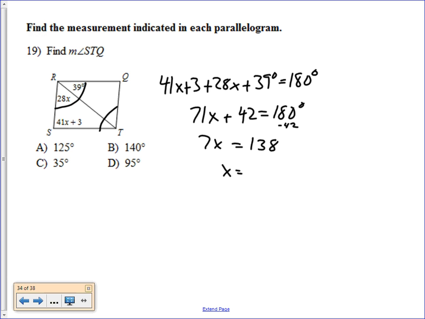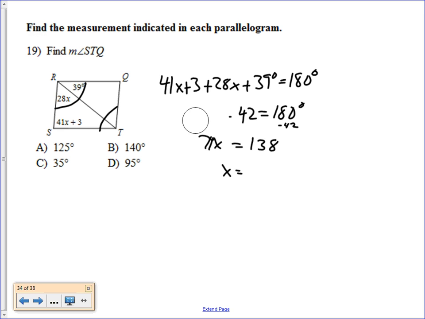So x is... here? It's 79x. And the next one would be 79x equals 138. So x is... 69.